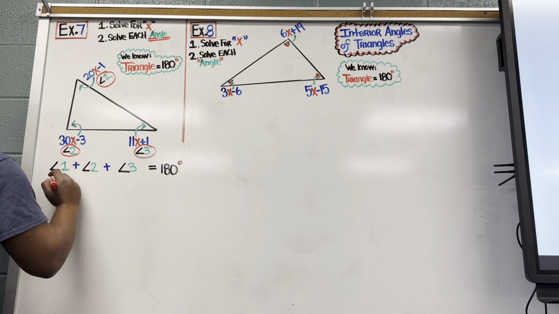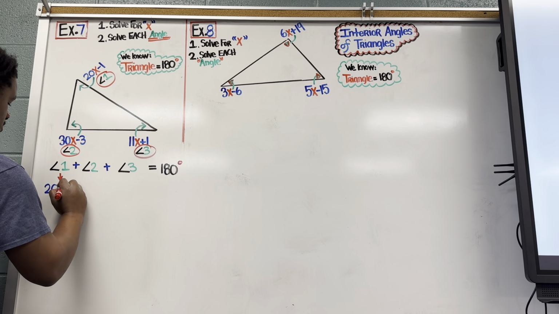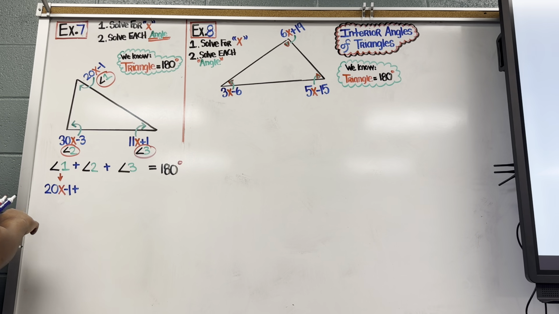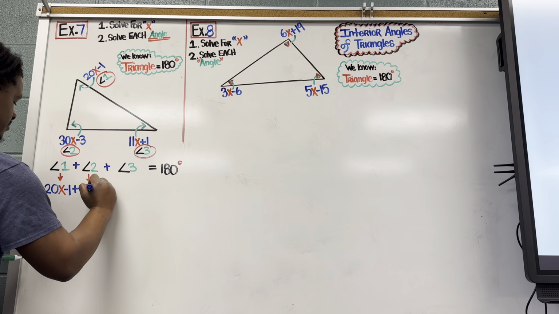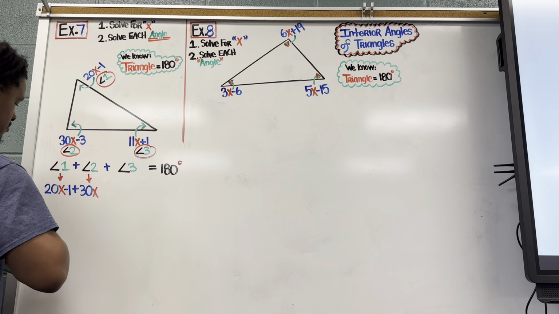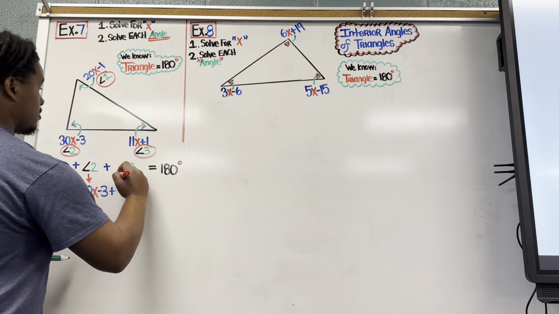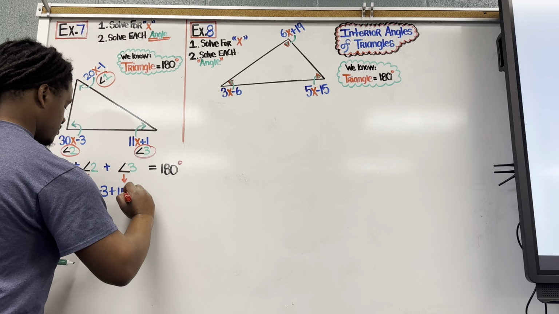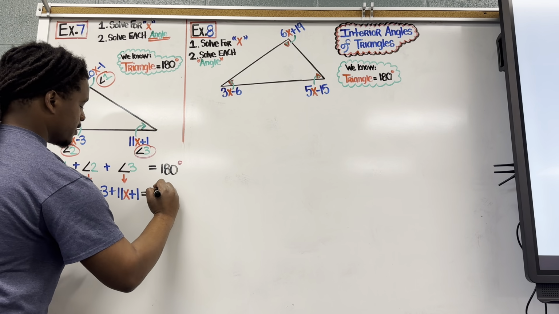Angle 1 is 20x minus 1, plus angle 2, which is 30x minus 3, plus angle 3, which is 11x plus 1, all equal to 180 degrees.